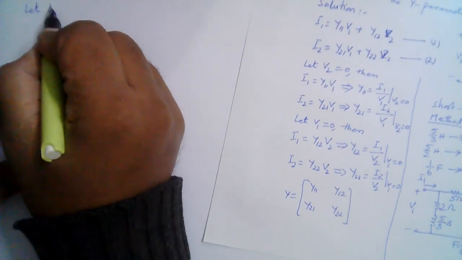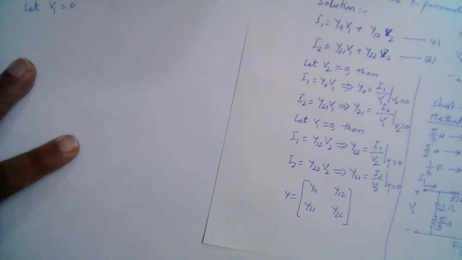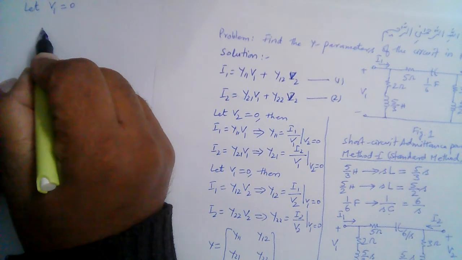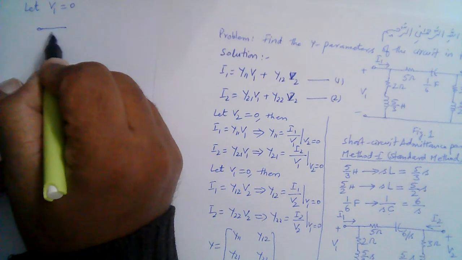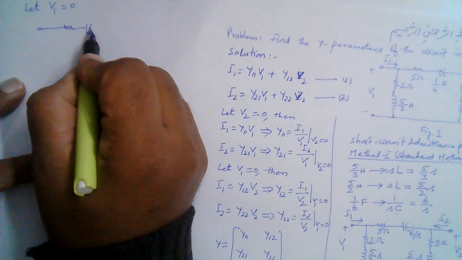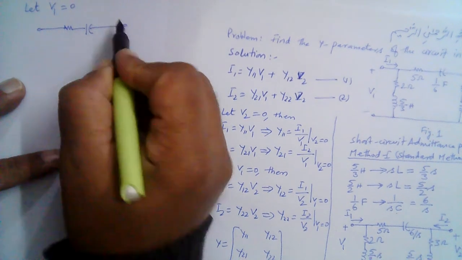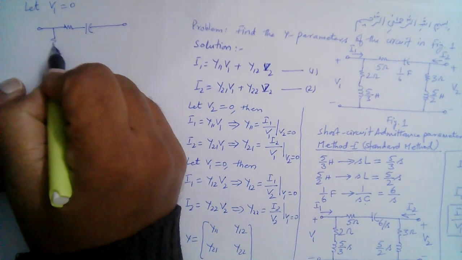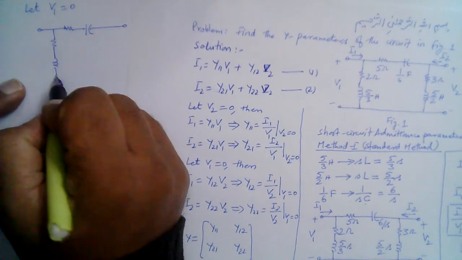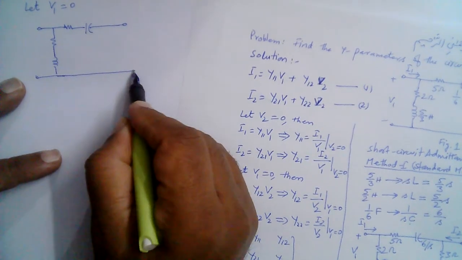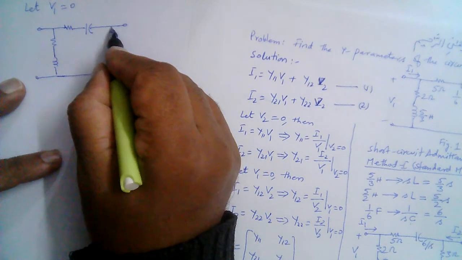Let now V1 be equal to 0. So that means we are short circuiting the input terminals. This is the resistance, then this capacitor here from this circuit, and we have this branch here.